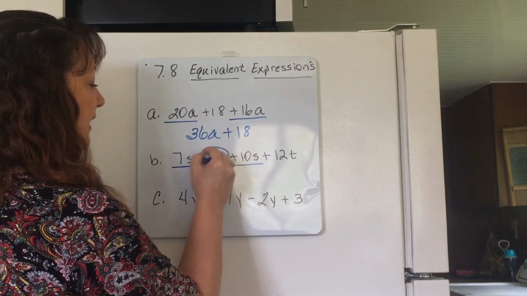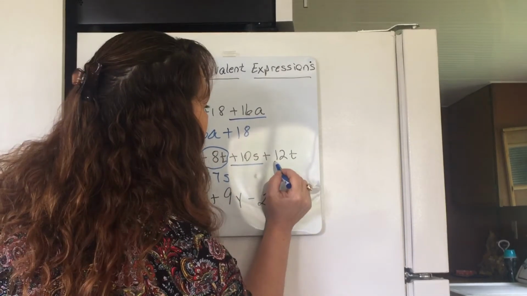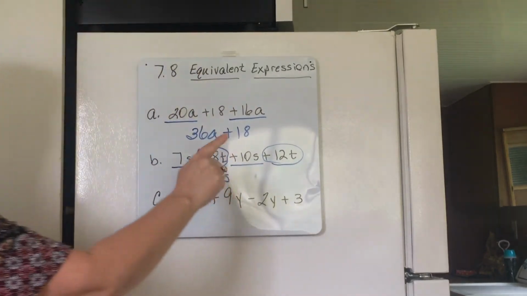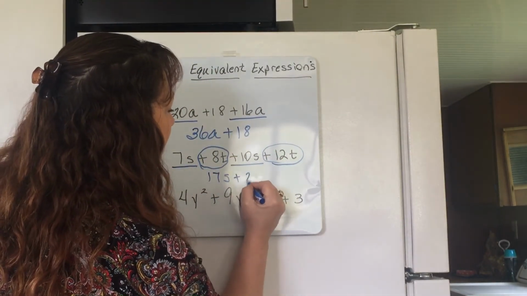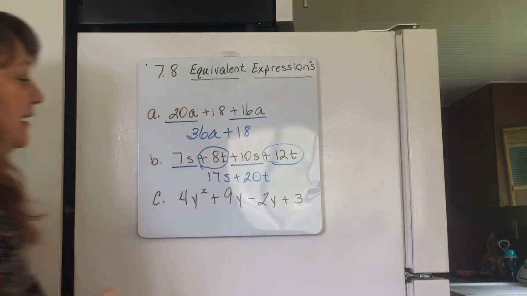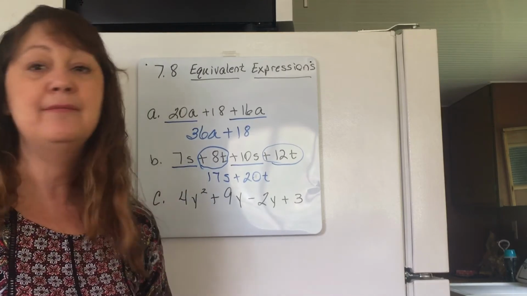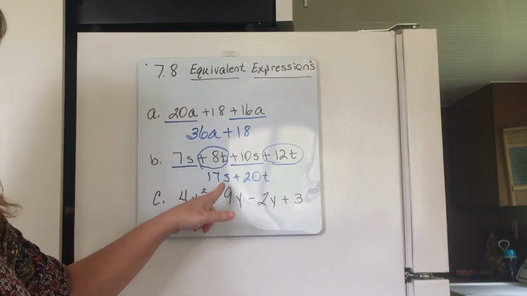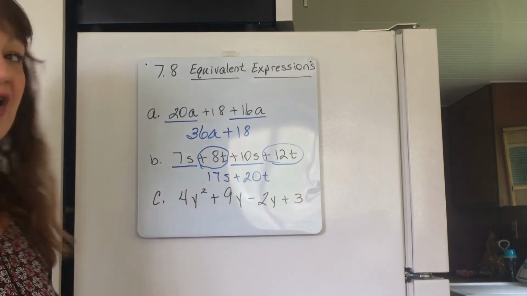If I take the sign in front of it, that's a positive 8t plus a 12t. So if I add those, that gives me a positive 20t. You might be tempted to go ahead and add those two, but remember you cannot. Like terms have to have the same variable, and these do not.